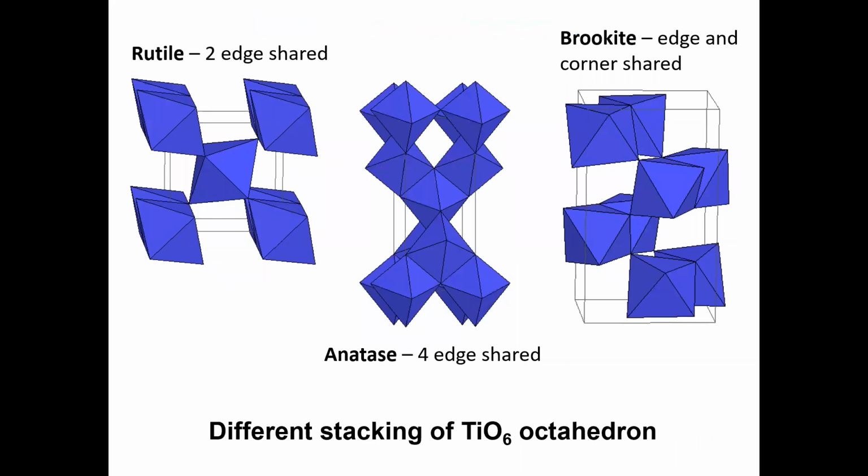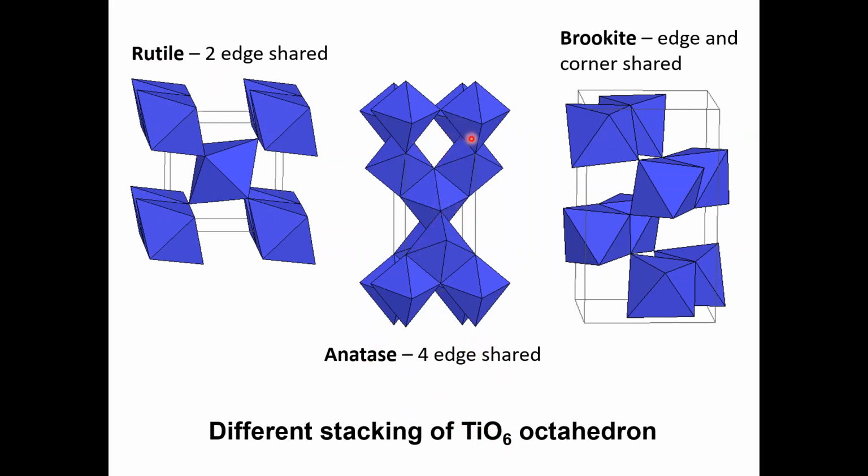TiO2 is made of TiO6 octahedra connected in various ways. Rutile is the two-edge shared TiO6 octahedron, whereas anatase is the four-edge shared.